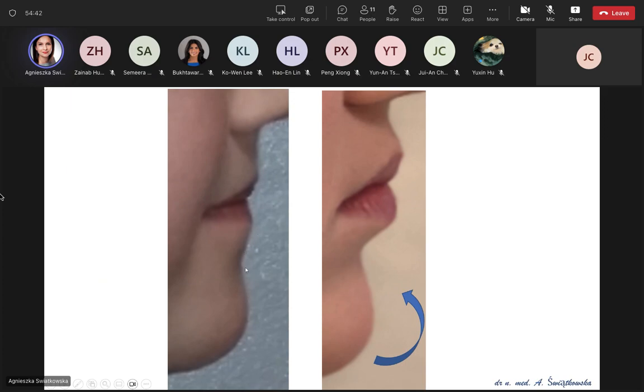You almost don't see this sulcus, and here you see a correct mentolabial sulcus after treatment. What it means is that there was a little anterior rotation of the lower jaw. This is typical for a high angle patient.